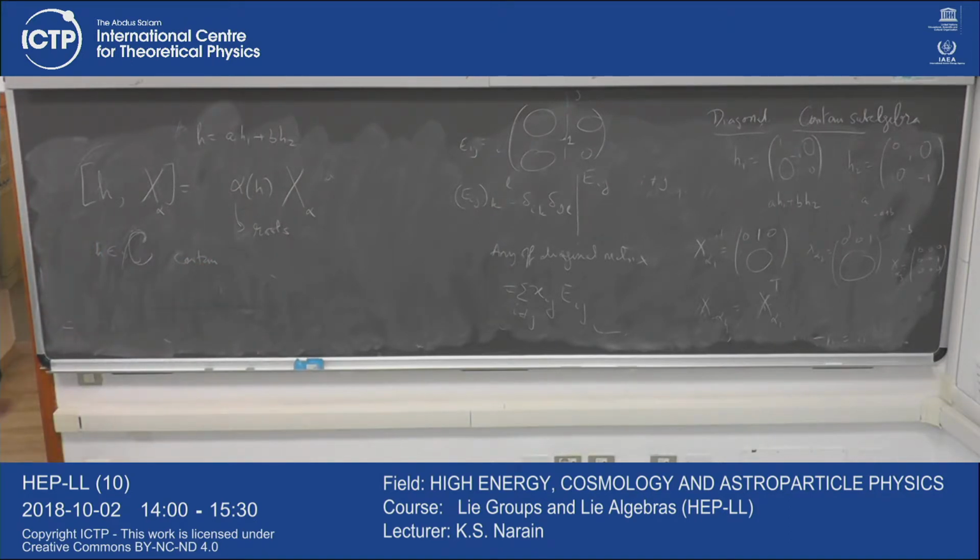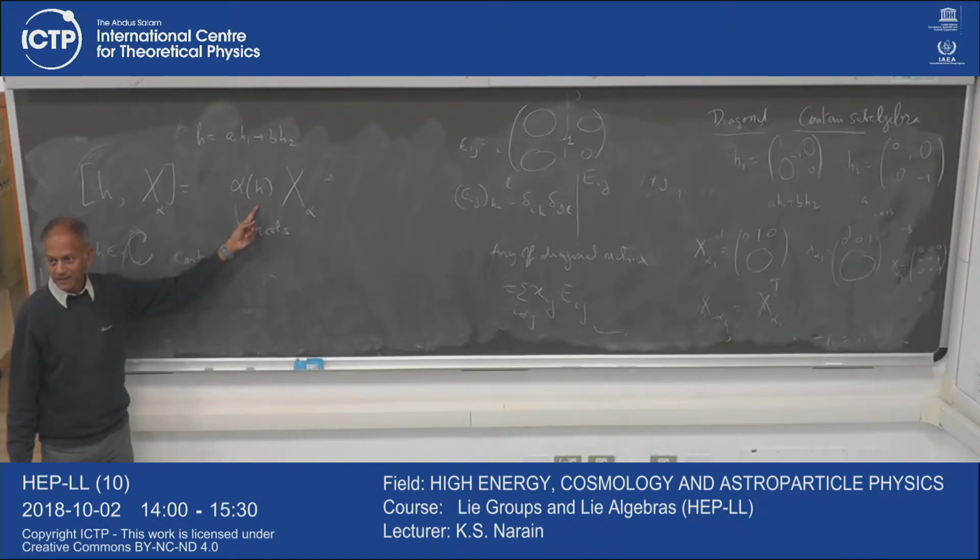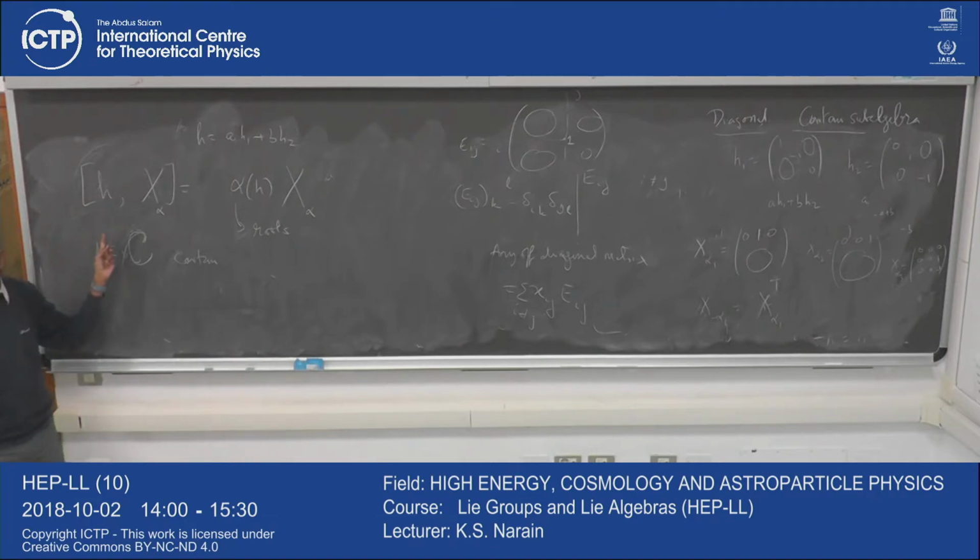In the SU(3) case, this is 2-dimensional, right? So in principle, I can talk about H1 and H2, and for each of them, there will be some number. So alpha itself is like 2-dimensional, because I have two numbers here.